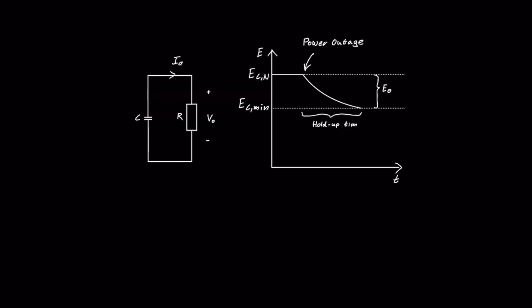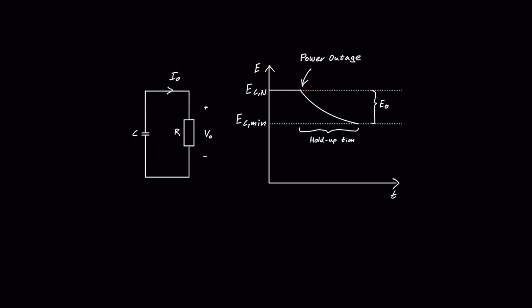So in order to find the capacitance, we want to look at the energy in the capacitor. So I will just use this part of the circuit because the PFC that is here doesn't really do anything after the power outage. So before the power outage, the energy in the capacitor is ECN, the nominal energy. So this is basically the same graph as the last graph, but now we just have the energy instead.